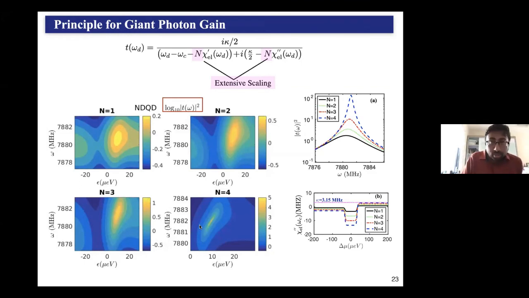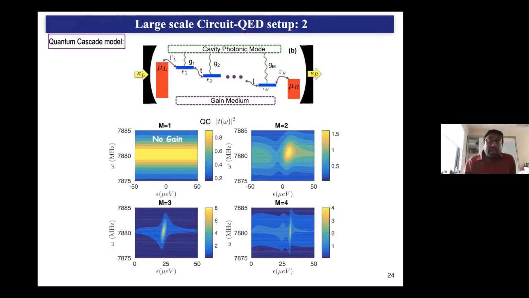The other way that you can scale up your quantum circuit is by having multiple sites sandwiched within the leads. This is another setup that you can have, which is very similar to a cascade model. Here also you can ask what happens to the gain. Of course, you won't get a gain if you just have a single dot sandwiched between two fermionic leads.